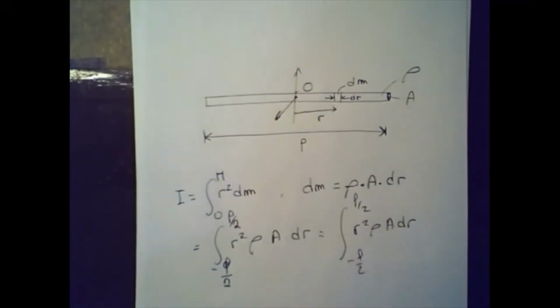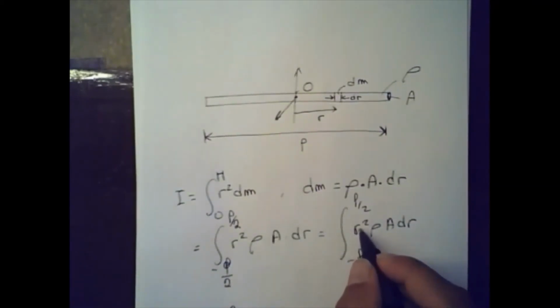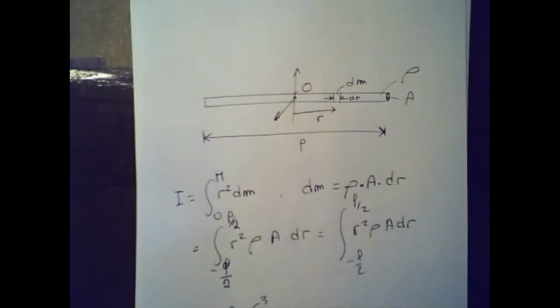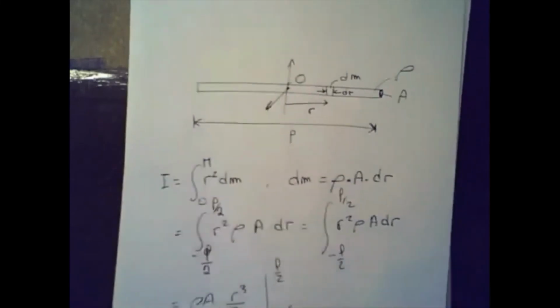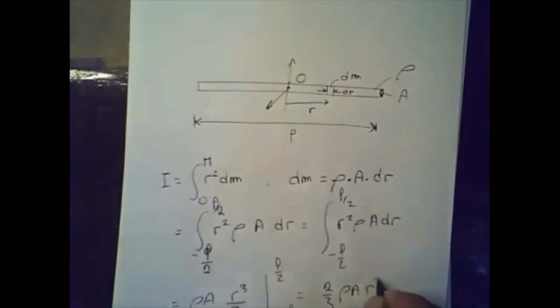So what is the integration? So rho A is constant, right? What is the integration of r squared? It will be r cubed over 3, from minus L over 2 to L over 2. What is the value for this? So I can basically multiply by 2 and then make the lower limit 0, right? So 2 over 3 rho A r cubed, 0 to L over 2.